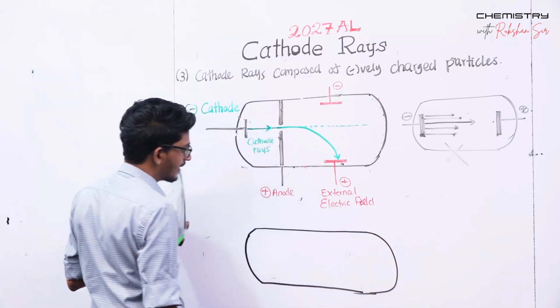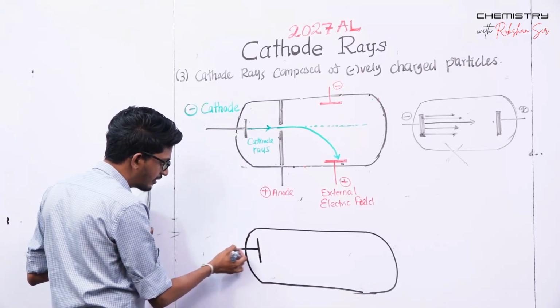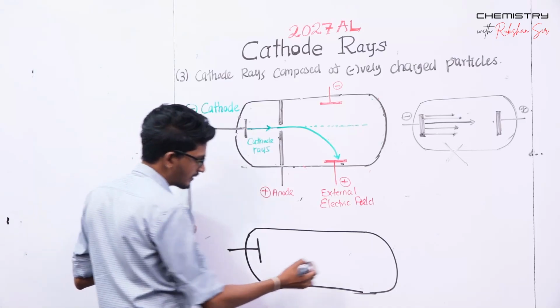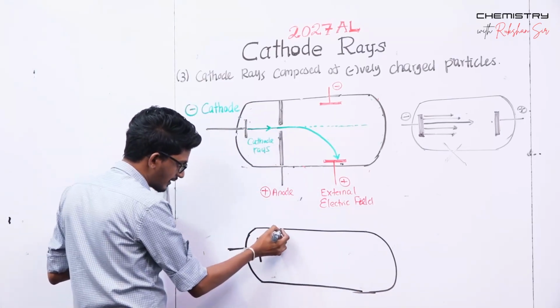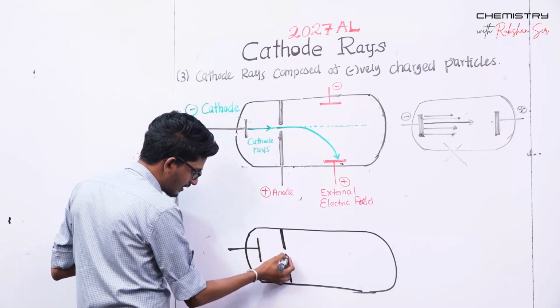You can come up with an external magnetic field to prove that the cathode rays are negatively charged. See what should be done to come up with that conclusion with the use of an external magnetic field.